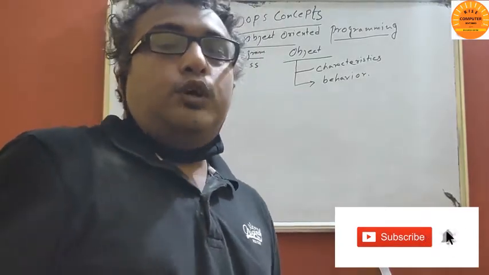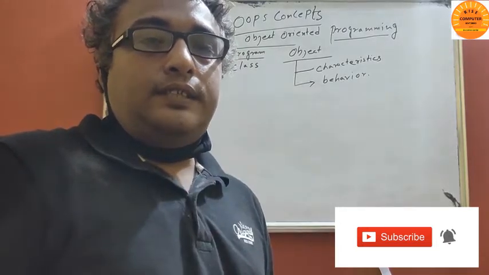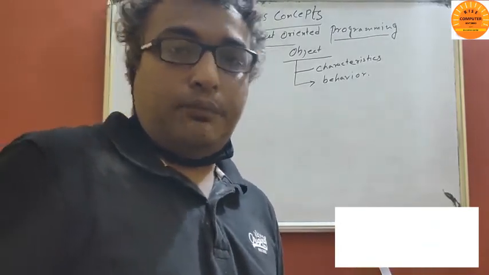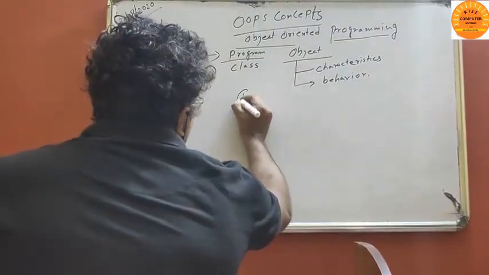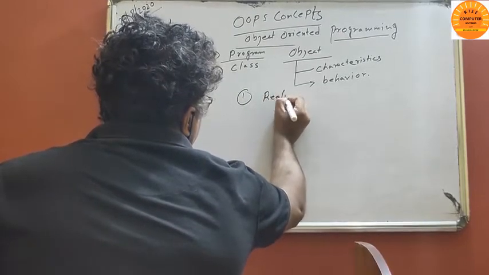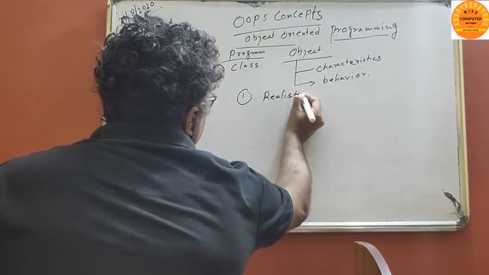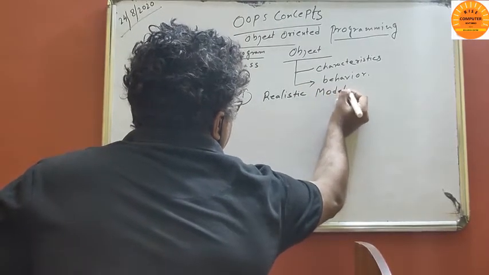Now I am going to state the properties or characteristics of object-oriented programming. First of all, number one is realistic modeling.